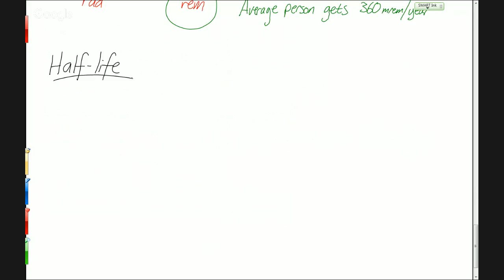And that's because each individual nucleus either decays or it doesn't. There's no partial decay for a nucleus. It either does the reaction or it doesn't do the reaction. And so that's how this is modeled. And the best way to measure how long it takes for things to decay is through this concept of half-life.